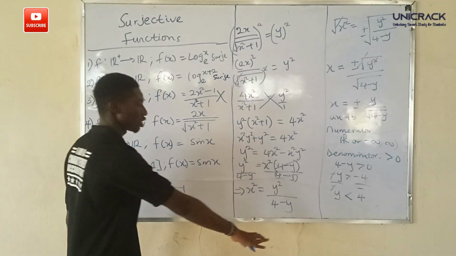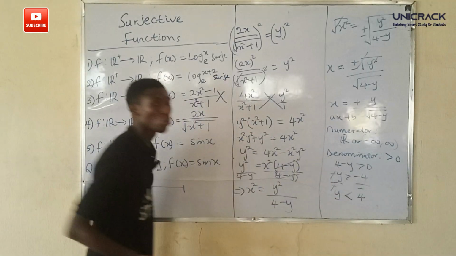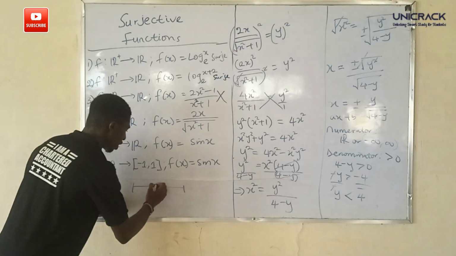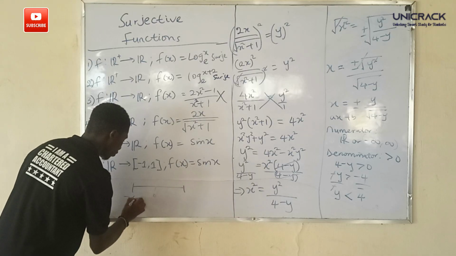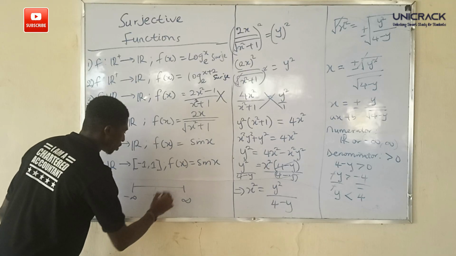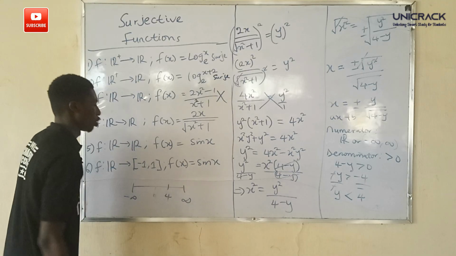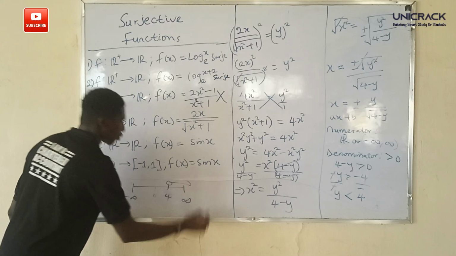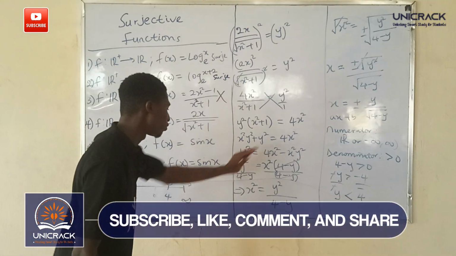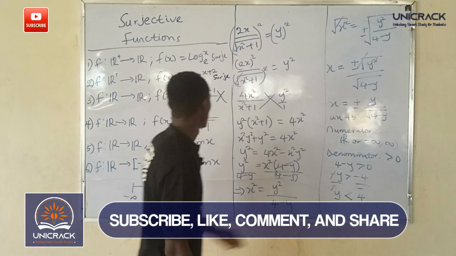So in this case, for this kind of condition, the denominator holds more weight. And therefore, we would have here is 0, here is infinity, negative infinity, and here is infinity. Our 4 will be here. So y is greater than 4.